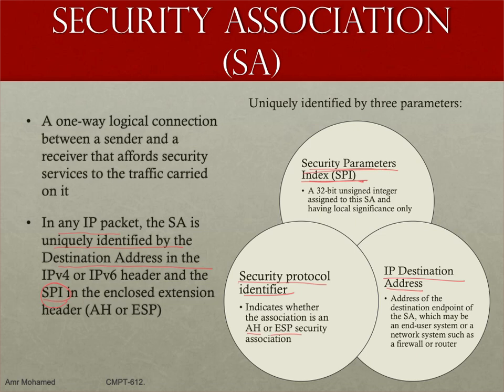Okay, so this security association is for AH. By the way, there is a different security association for AH and ESP. So in the security association itself, there is a flag that refers to whether this is for ESP or AH. If it's for ESP, this means that it is used mainly for confidentiality. If it's for AH, it is mainly used for message authentication.